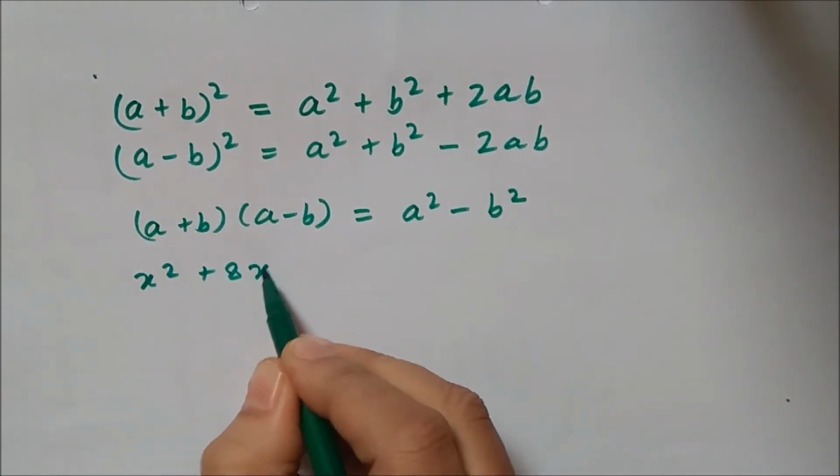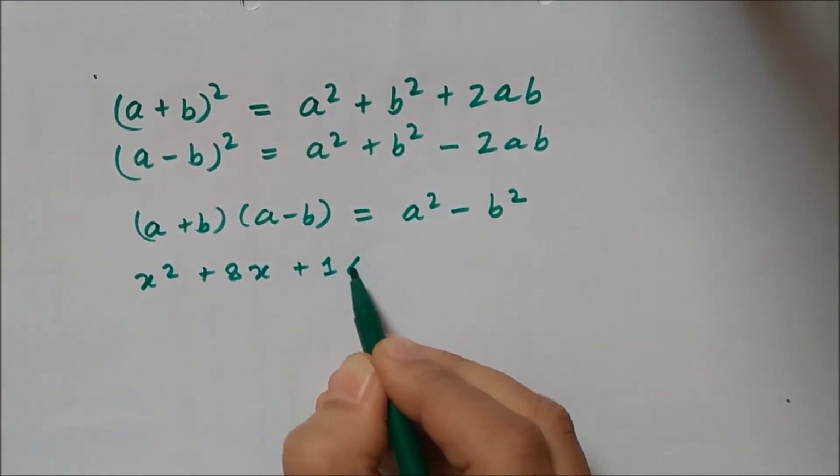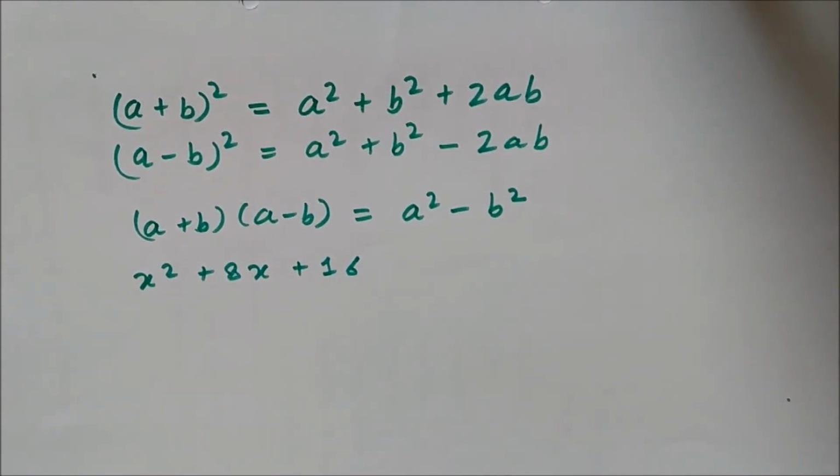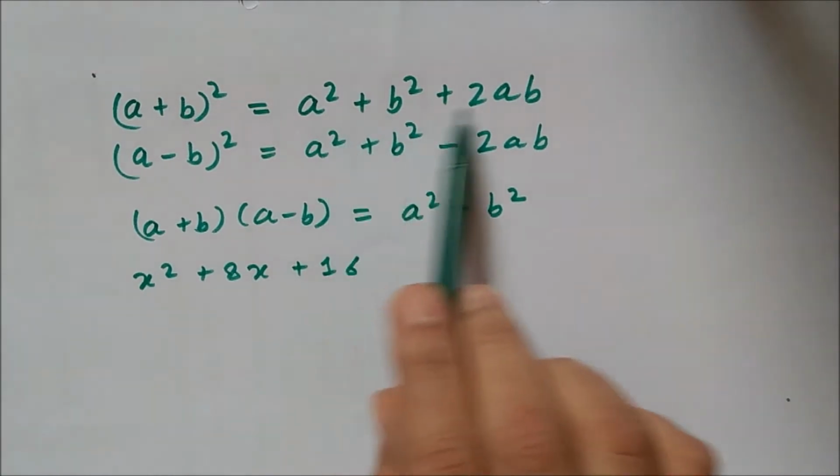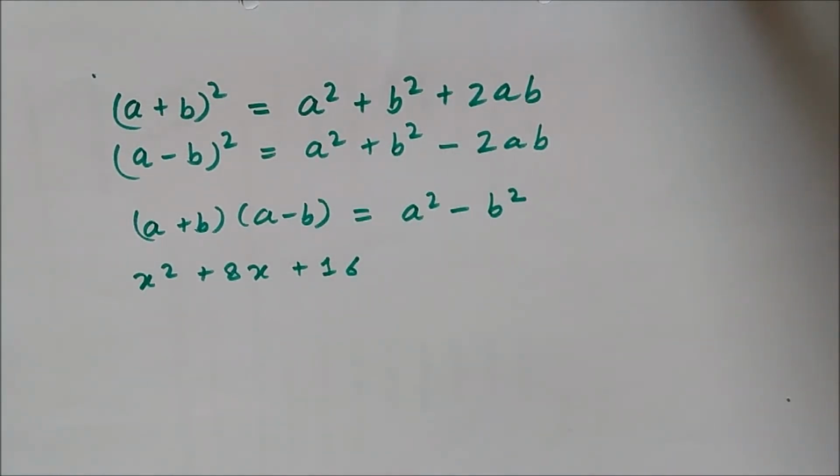plus 8x plus 16. To factorize this expression, you can see that it has three terms, like in the top two identities, and two terms are perfect squares, x square and 16.